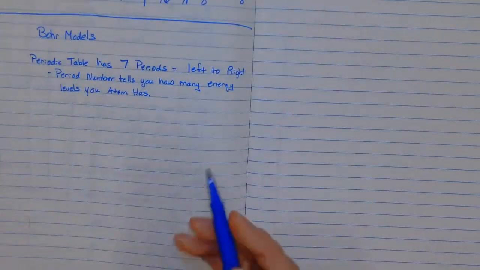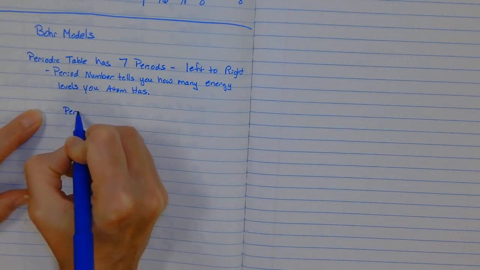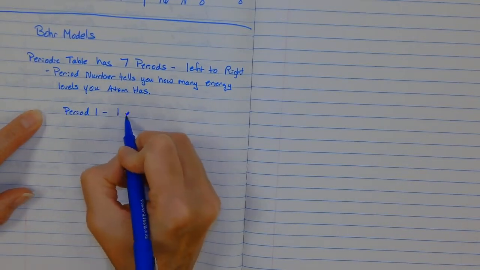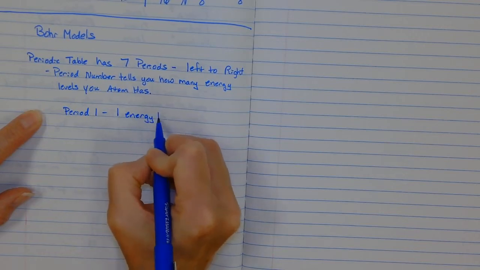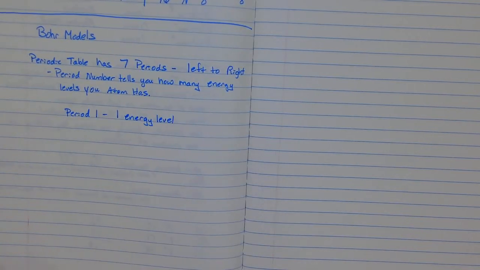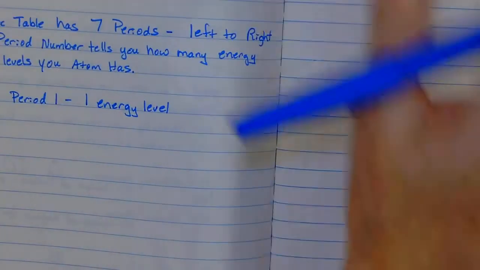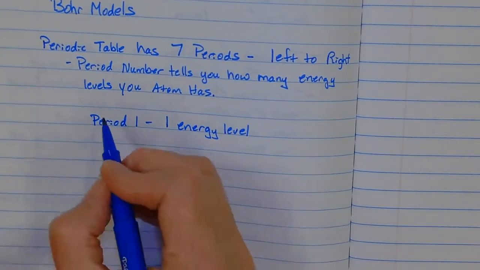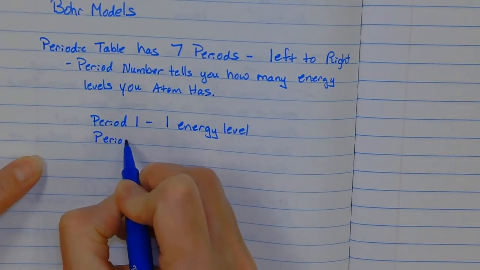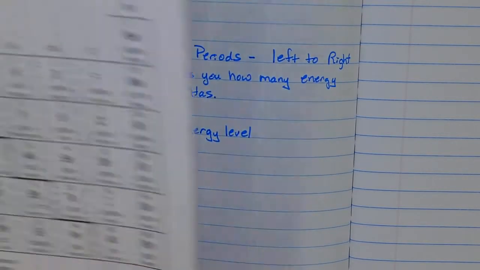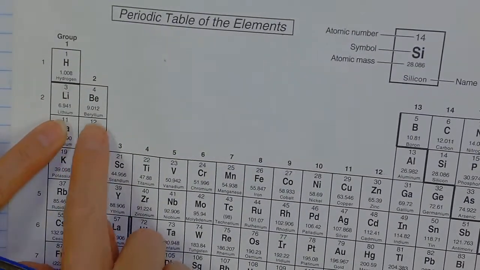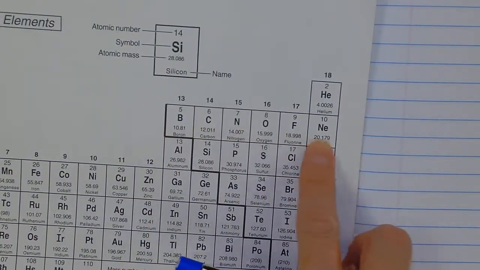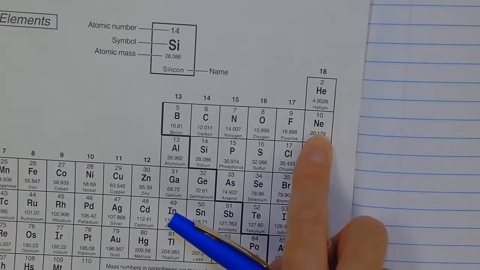So period 1, when you were drawing it, period 1 has 1 energy level. That's all. There's 1 energy level on period 1. Okay? Period 2. Okay, so period 2 starts with lithium, beryllium, then you go across boron, carbon, nitrogen, and end up at neon here.